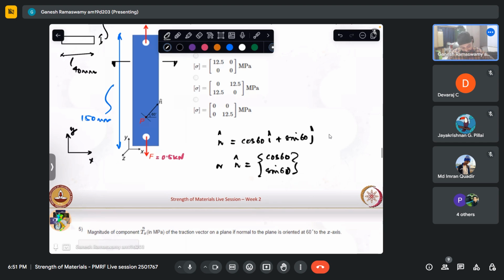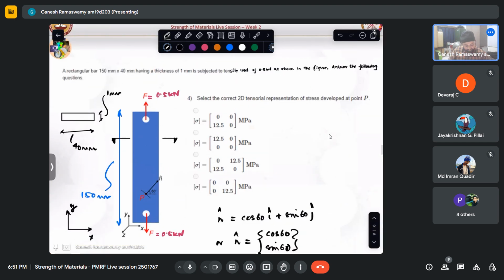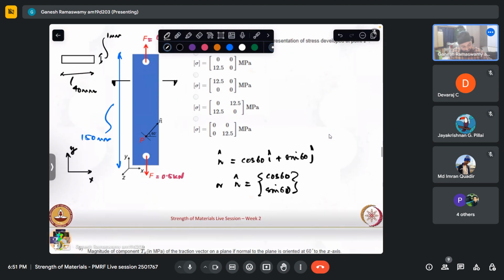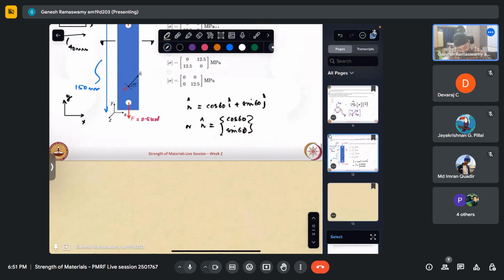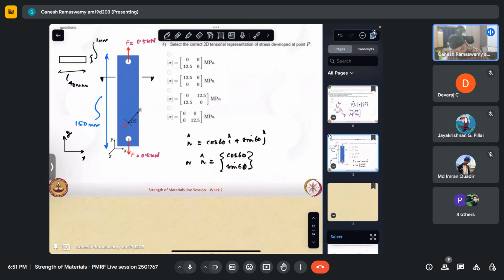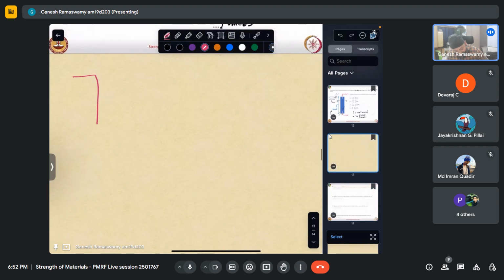So far so good. Now the first question asks, select the 2D tensorial representation of the stress tensor at point P. Now what I'll do is, I'll take this diagram. So we have a long rectangular strip, and then we have a point P, and this is applied with 0.5 kilonewton on either side.